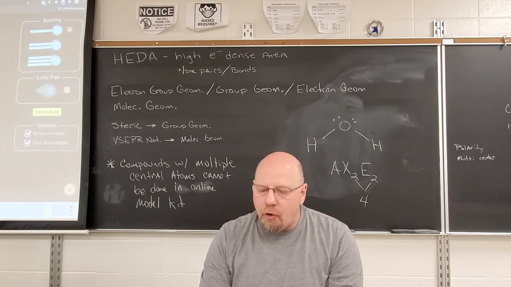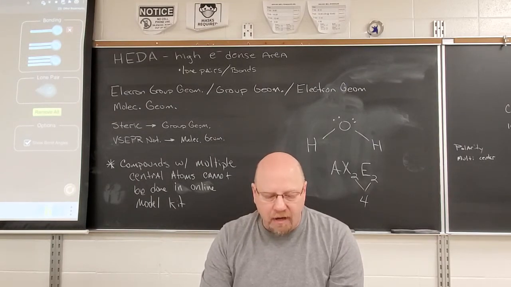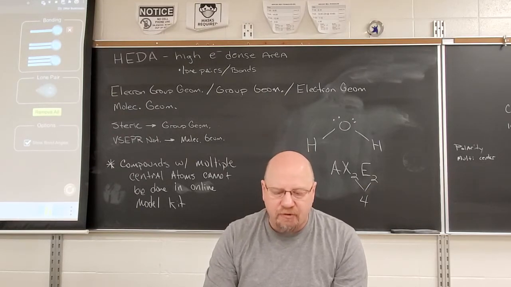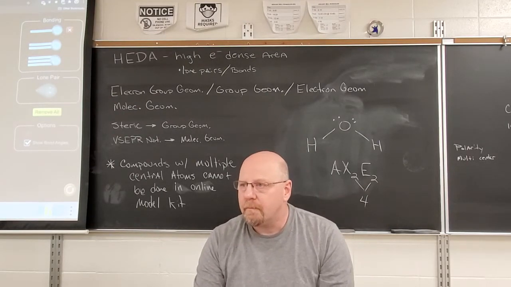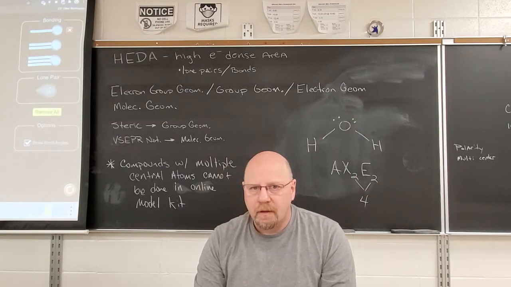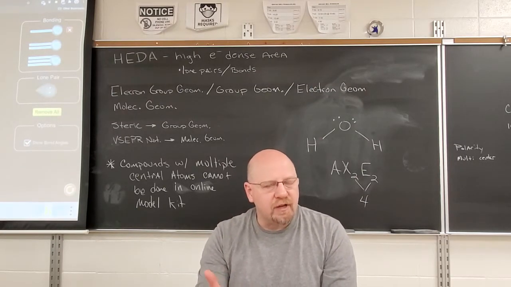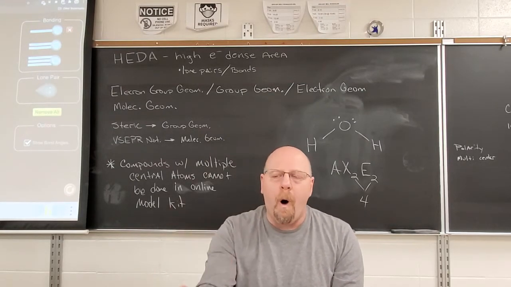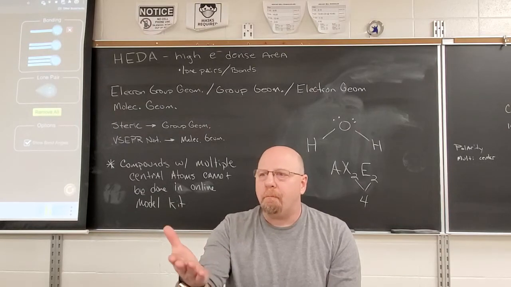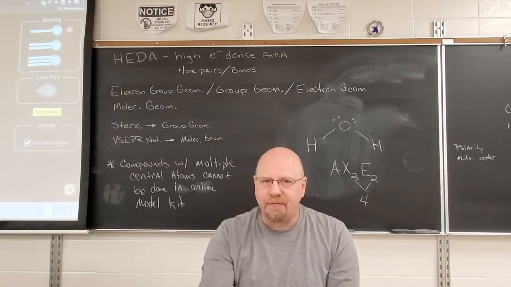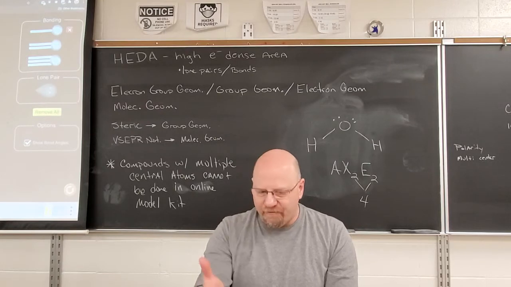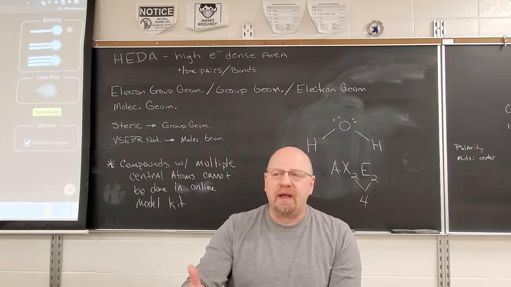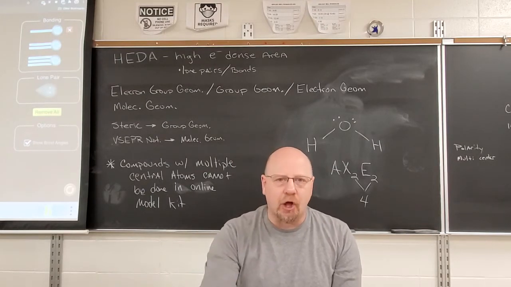If I take that lone pair off and add a bond, you'll see here that the electron group geometry and the molecular geometry are the same. Because remember, the molecular geometry is basically describing the shape based on atoms bonded. And I have 4 atoms bonded. I got 4 high electron dense areas. Electron group geometry is based on anything, bond and lone pair.